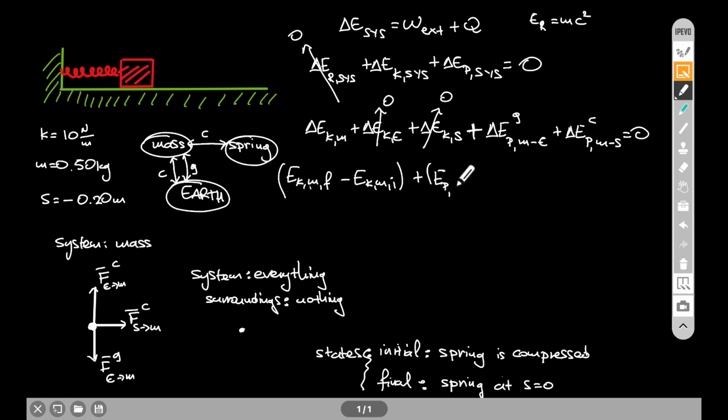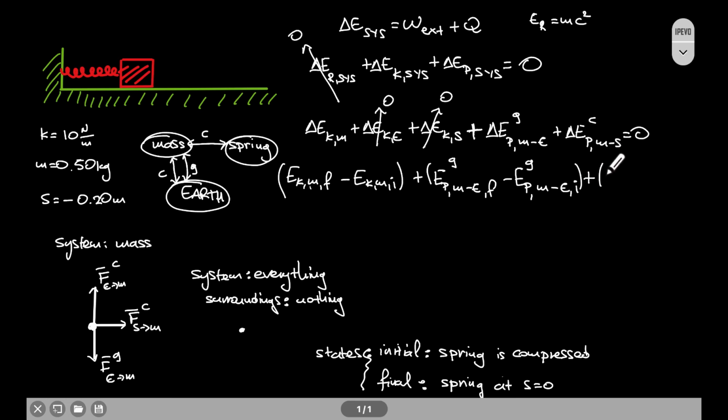EP of mass Earth, this is gravitational final, minus EP gravitational mass Earth initial, plus the same thing for the spring mass, EP contact mass spring final, minus EP mass spring, this is the initial, somewhat tough to write over here. Okay, this is the initial, and then I'm closing that, and equal to 0.